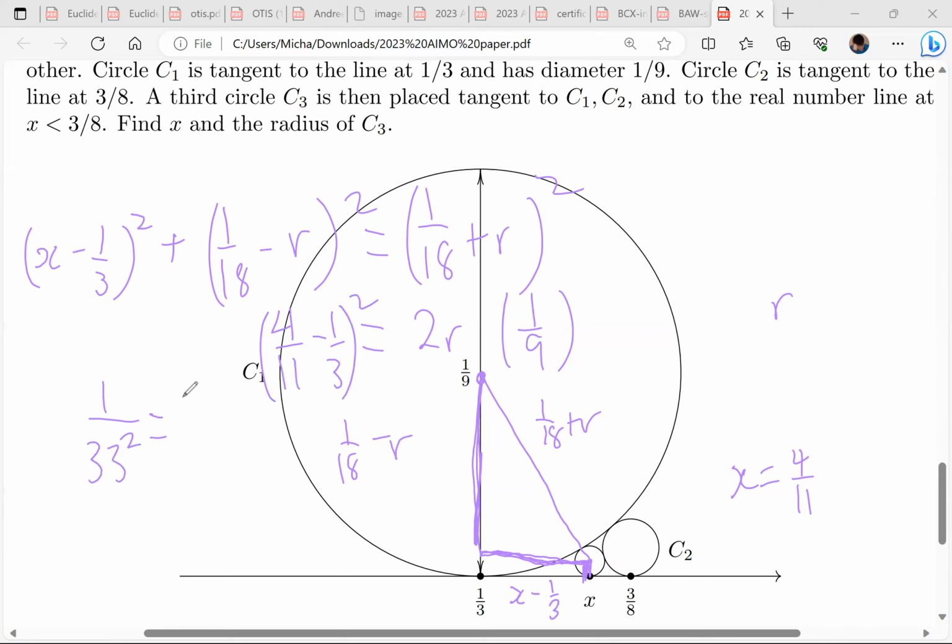Times 2r on 9. So 9 goes on the other side, 9 on 33 squared, 2 goes on the bottom, equals r. The 9 cancels the 3, so you get r equals 1 on 2 times 11 squared. And that's it. This also really trivializes the investigation.